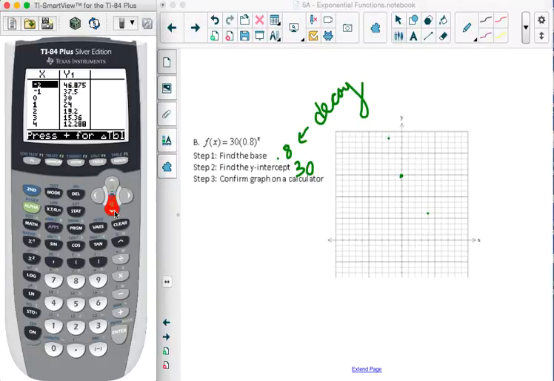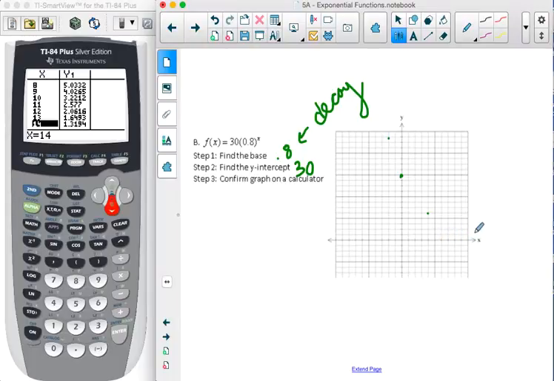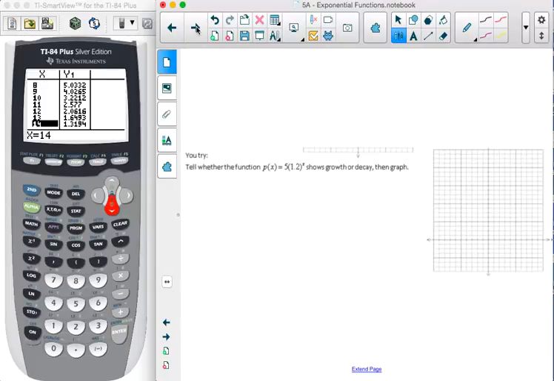But if we went a little bit further and got some values out here, like maybe at 10 it's 3 point something, you can kind of see that it's going to start to curve. And I'm going to put the other arrow on the other end. All right, so if you want to try and practice that again, go ahead. It's always a good idea to predict if it's going to grow or decay.